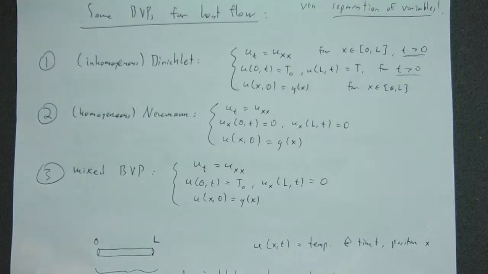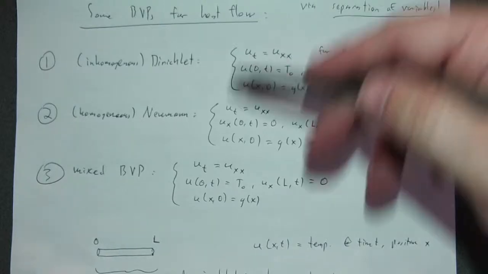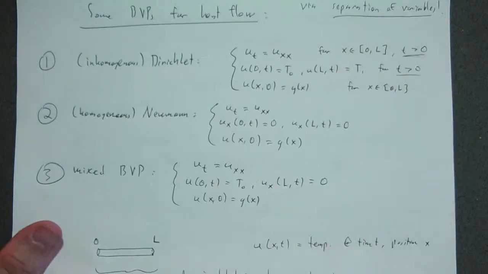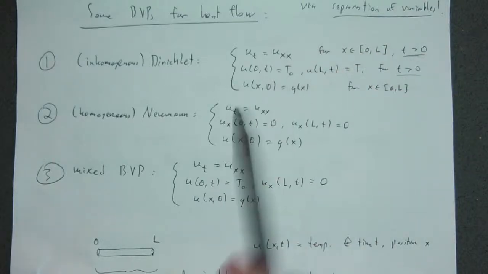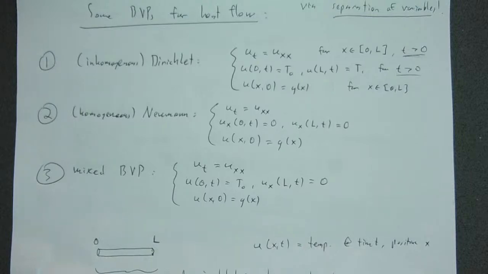What IVP would that thing satisfy? It would satisfy some similar but slightly different IVP, where the boundary conditions would change in some way that I'm sure you can figure out.